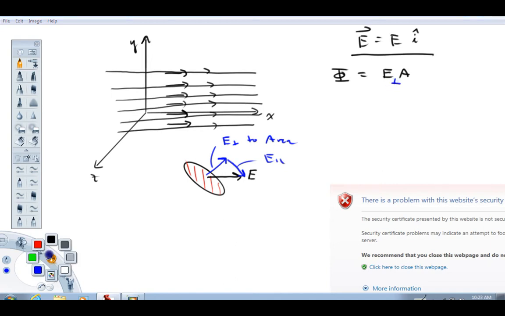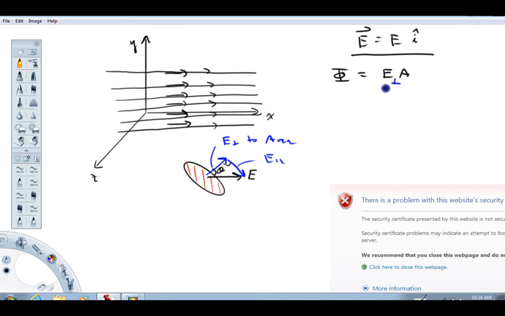Now, in this triangle right here, this is a right triangle, may not look like it, but use your imagination here. The hypotenuse is E, the electric field strength. The perpendicular component is adjacent to this angle theta right here. Therefore, E perpendicular is equal to the hypotenuse, the electric field strength, times the cosine of the angle theta.